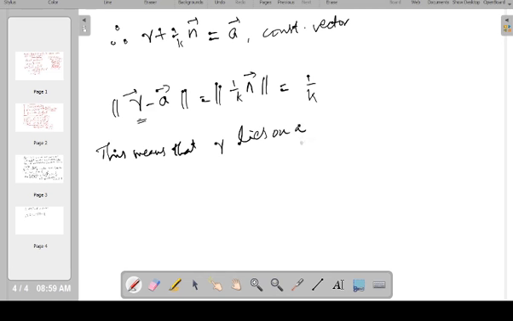Gamma is a curve in R3 that we have already stated, and the norm of gamma minus A is constant. So this means that gamma lies on a sphere with center A and radius equal to 1 by kappa.